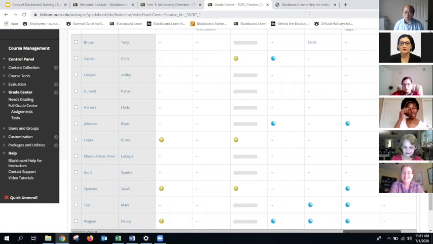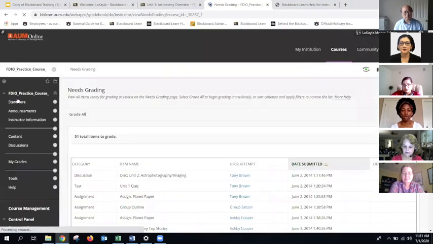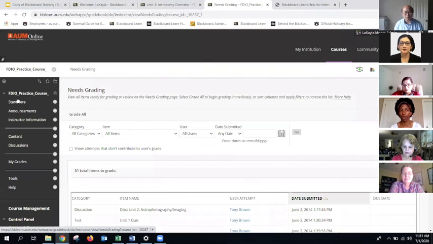That may be where it'd be beneficial for you, kind of like I mentioned earlier in the session, when you have the needs grading area. So with needs grading, what you can do is you want to see grade. Are you talking about when you're grading or just when you're just looking at the grade center? Generally, when you're just looking at the grades.